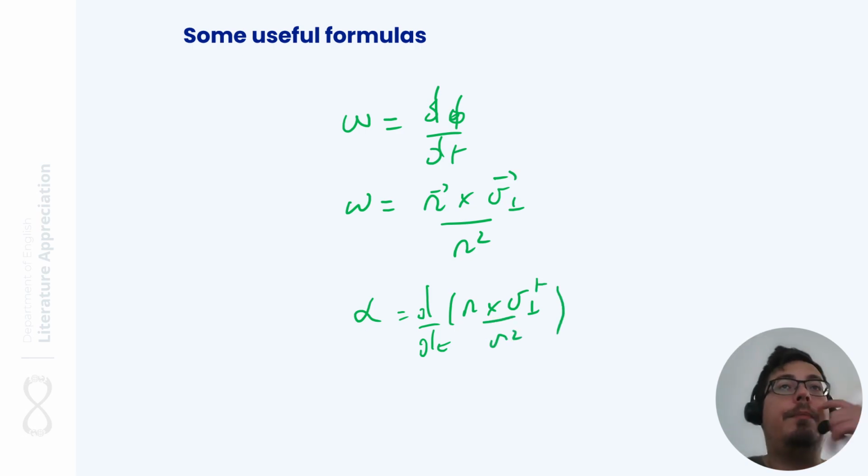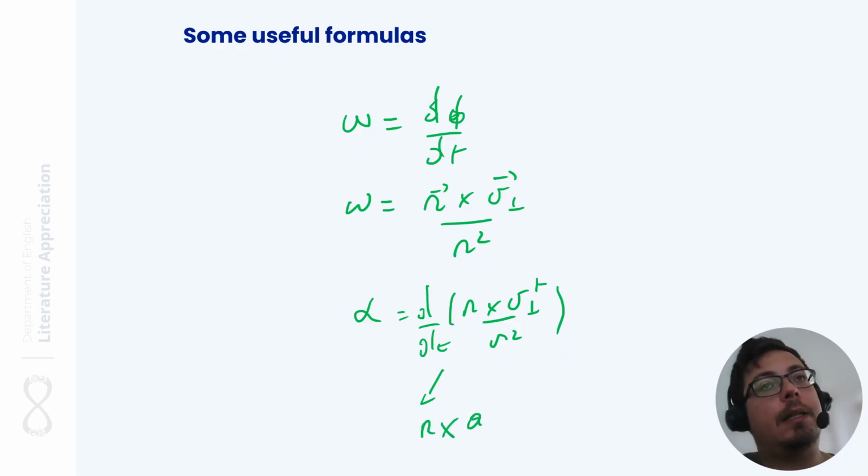And this is a bit of a beast because there will be two components. One will be related to the radial acceleration, and the other a component that will be derived by the radial plus r times v, 1 over r cube.